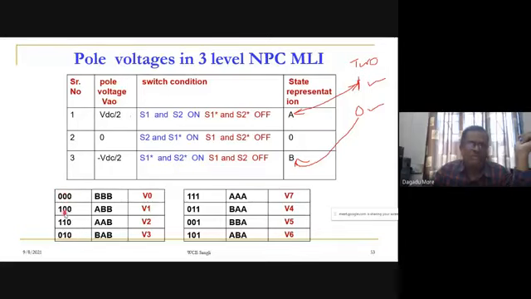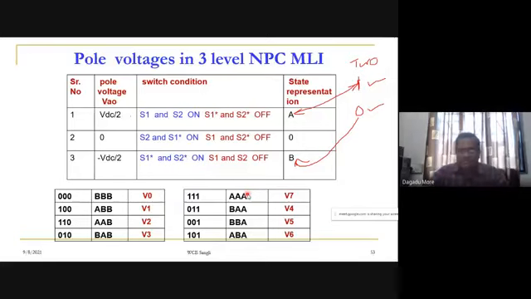And in case of three level, 0 we represent with B, B, B. 1 we represent as A, 0 we represent as B. We have shown here the 8 switching states of the two level inverter: 0, 0, 0, up to 1, 1, 1. 1 you make equal to A, 0 you make equal to B, and then we have the switching states for a three level inverter.